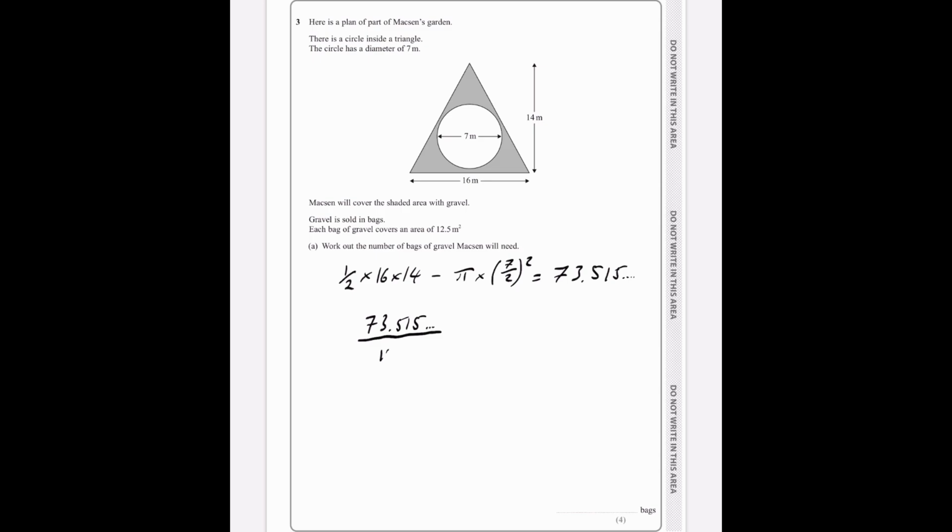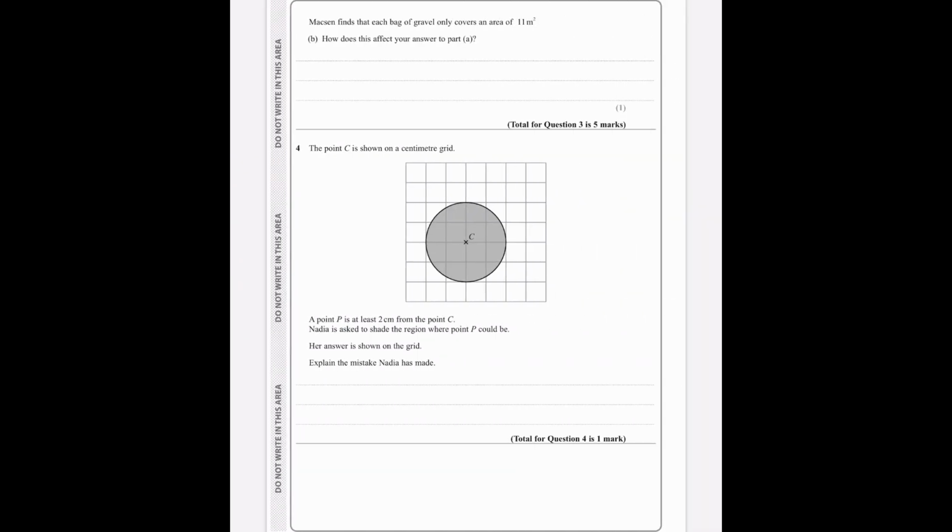So we need that area divided by 12.5, which is 5.8 something. We'll only be able to buy a whole number of bags, so we need the smallest whole number bigger than 5.8, which is 6. Now, if each bag only covers an area of 11, well, 6 lots of 11 would give you 66 square meters.